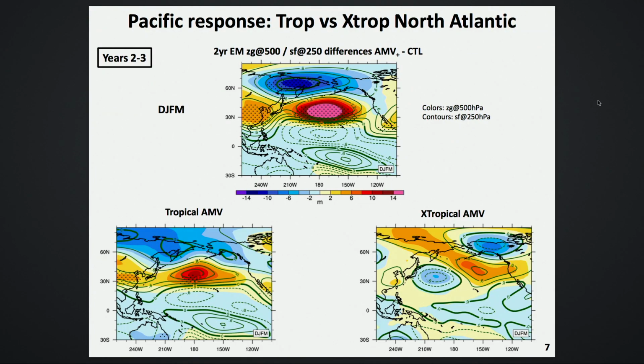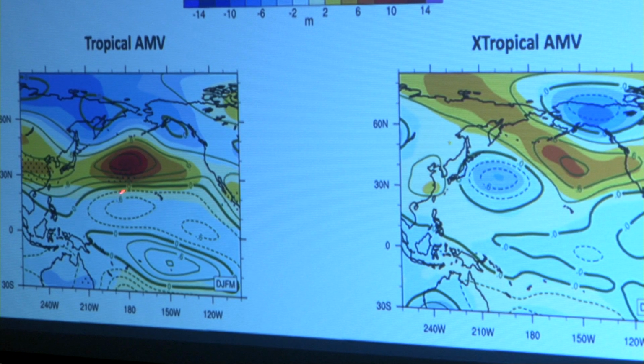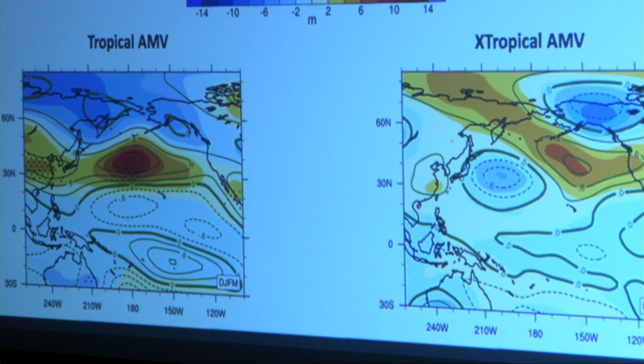And we can see that this anomaly is present as well in the tropical AMV experiment, but not in the extratropical AMV. The amplitude is a bit lower in the tropical AMV compared to the full AMV experiment. This suggests that this mechanism is led by the tropical AMV, but we need all the North Atlantic warming to get this strong response there.